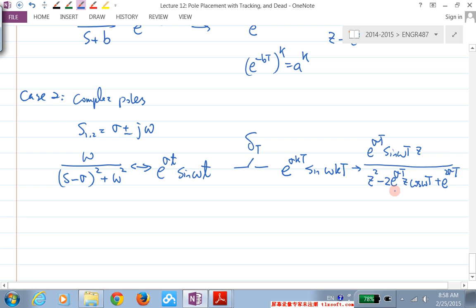What about the poles of this Z transform?